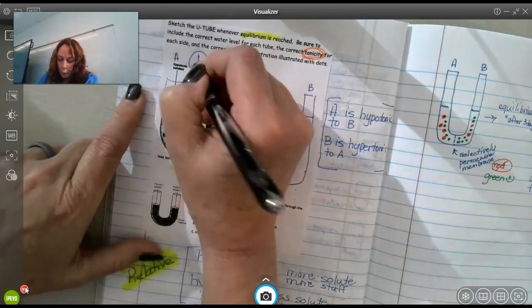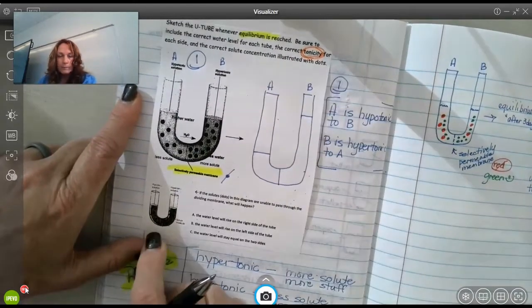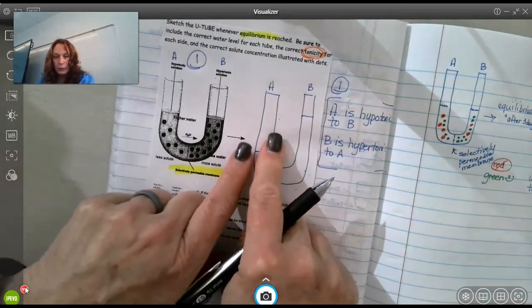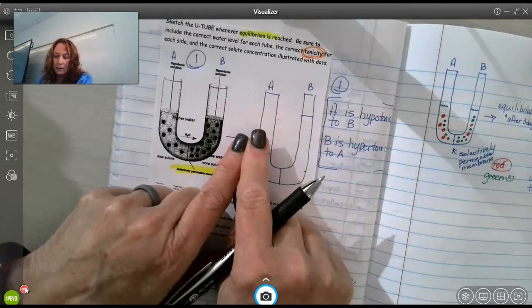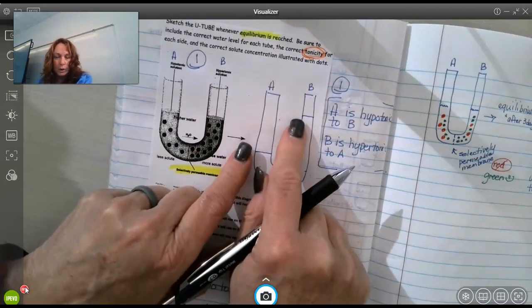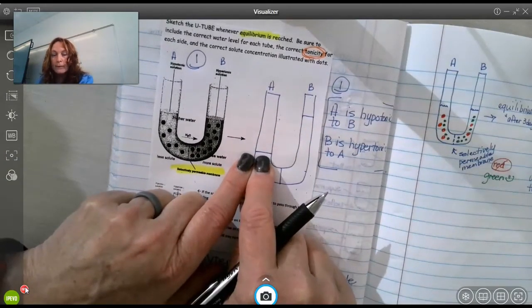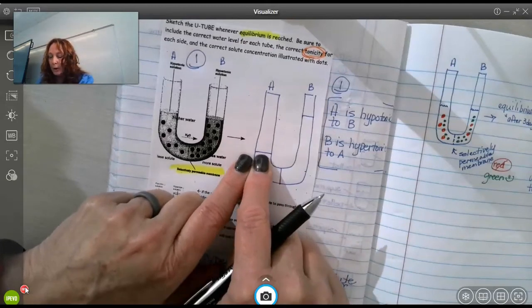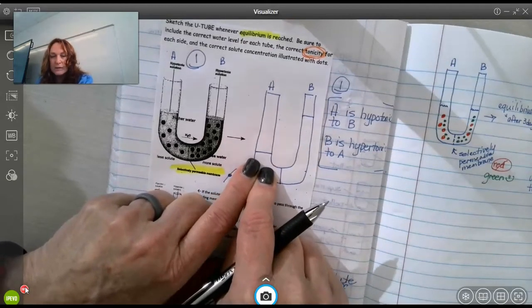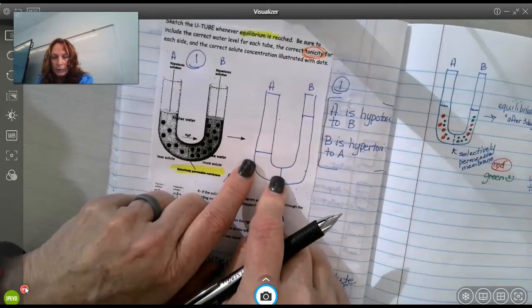We'll call it 1. After 3 days at equilibrium, whatever you want to call it, the water will have moved until there is the same amount of stuff per amount of water on both sides.